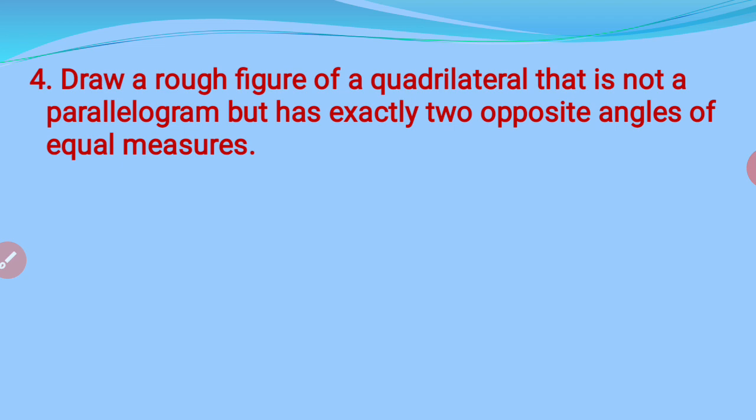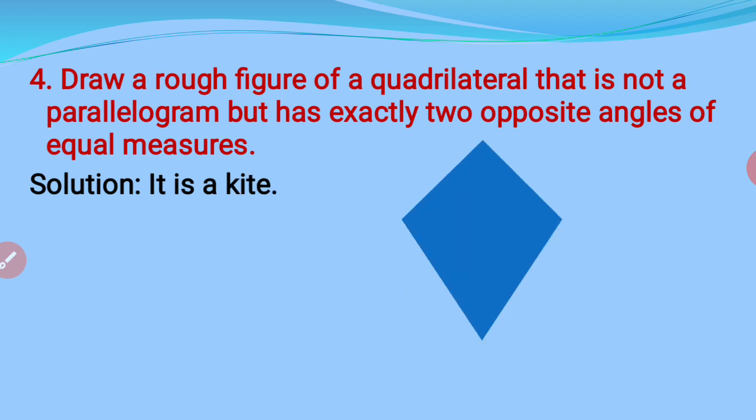This is possible only for a figure which is known as kite. This is a kite and we all know that in a kite, these two angles are equal in measure. So, two opposite angles which are equal in measure, but it is not a parallelogram, so it has to be a kite.